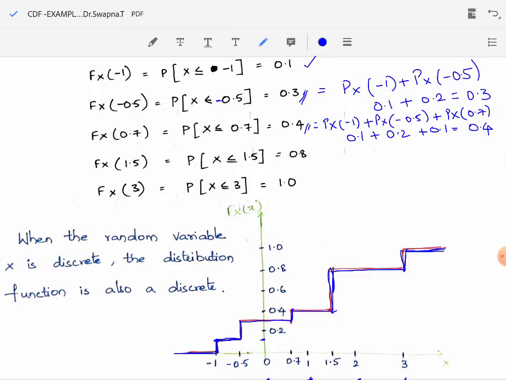See here, before -1 it is equal to 0, and after 3 it is equal to 1. So now we have seen that the random variable x is discrete and countable. So the distribution function also should be discrete. So this is your CDF plot, which is a staircase waveform.